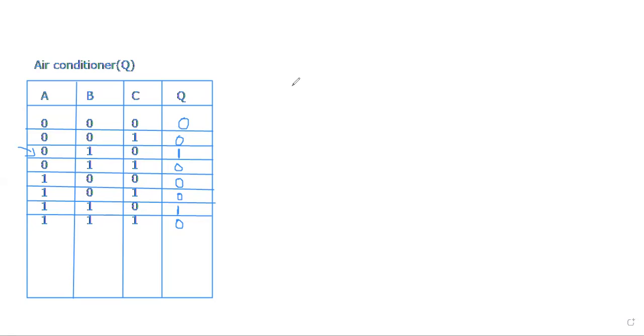Then let me use the sum of products. Q equals, so we need to get, if you consider this case, A bar B, A bar B C bar, A bar dot B dot C bar, right?